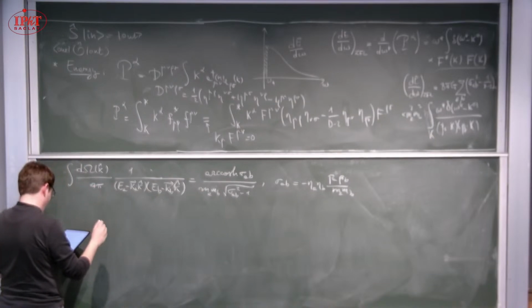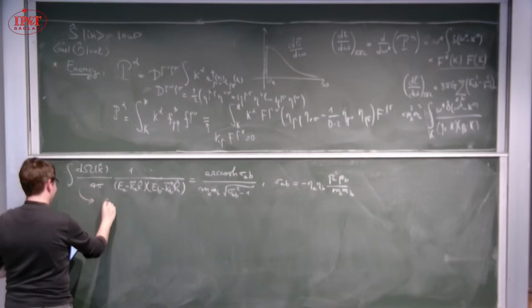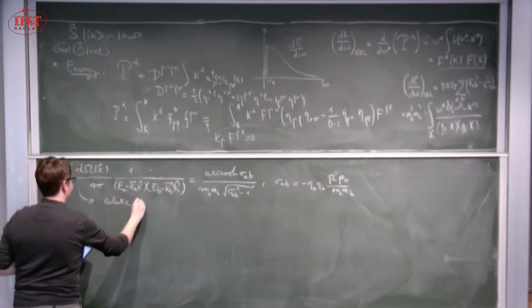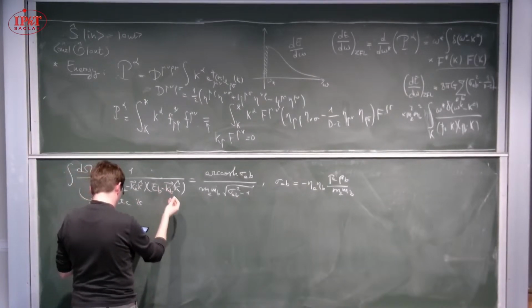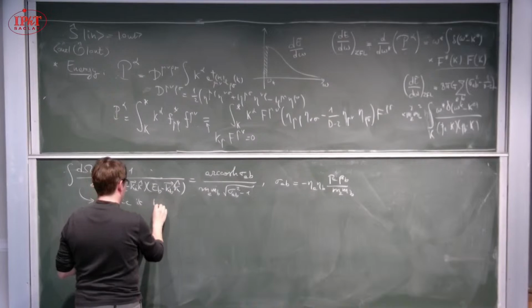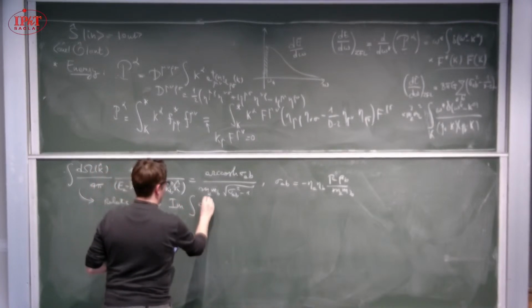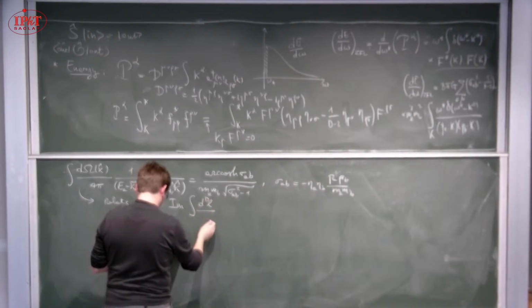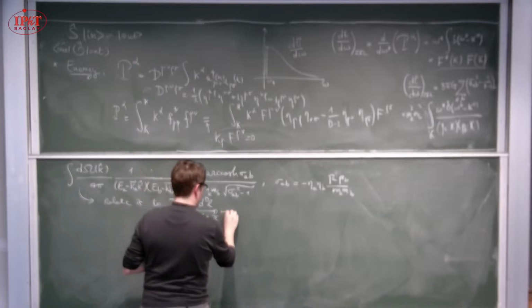So maybe another way, if you want bonus points to evaluate this, is to relate it, you can also do it on Mathematica, if nothing, just by observation, you can relate it to the imaginary part of a loop integral, which you can then evaluate with the Feynman or Schwinger parameter.